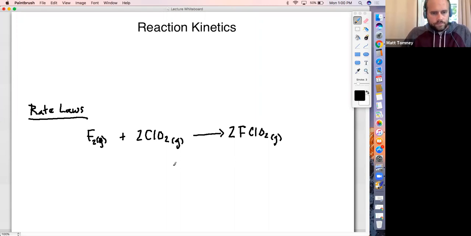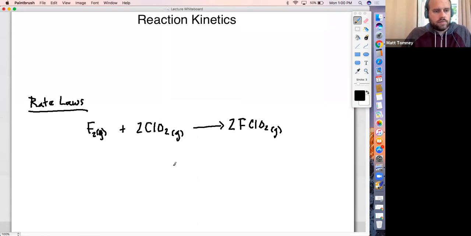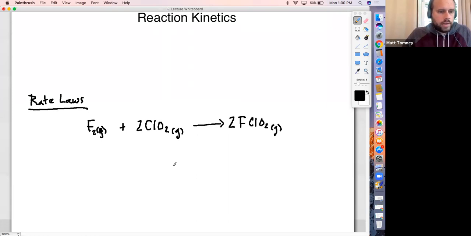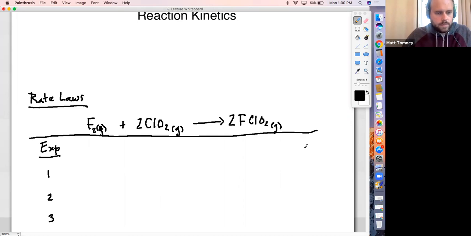All right, now one of the things that we can do when we want to determine rates of reactions is we utilize rate laws experimentally. So what we're going to have here is we're going to have our experiment, okay, and we will have experiment 1, 2, and 3. Okay, so this is the reaction for this.